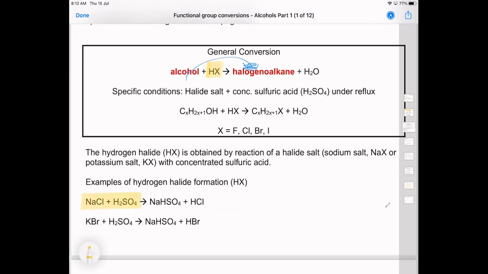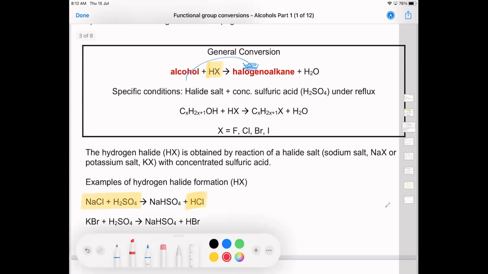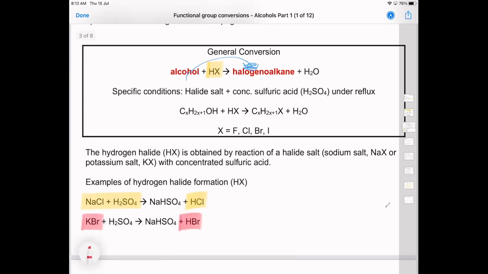So to form the HCl, I actually have to react sodium chloride with concentrated sulfuric acid, and that's going to produce the HCl. And then similarly, if I wanted HBr, I can react KBr and H2SO4. So the most important thing here is that you're going to add concentrated sulfuric acid and then some sort of halide salt. And you'll see here that I tell you it can be a sodium salt or a potassium salt.